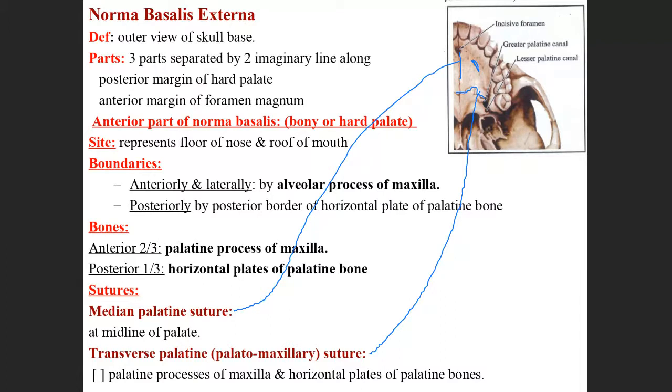The median palatine suture is the junction between the two palatine bones. The transverse palatine suture is the junction of the palatine process of the maxilla and the horizontal plate of the palatine. So it is clear now. You understood these two sutures? Okay.